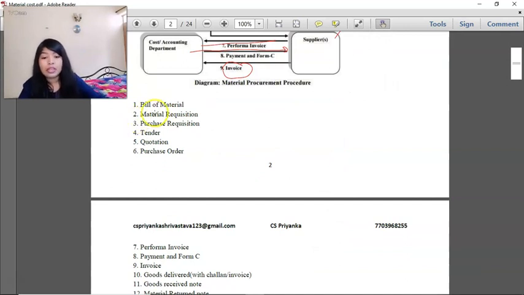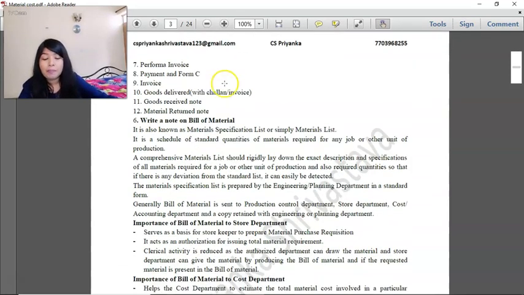Now we have used various terms like material, bill of materials, material requisition, purchase requisition, tender, quotation, purchase order, proforma invoice, payment and Form C, invoice, goods delivered, goods received note, material return note. So let us discuss all these words one by one in a technical manner, and then we're going to move ahead.